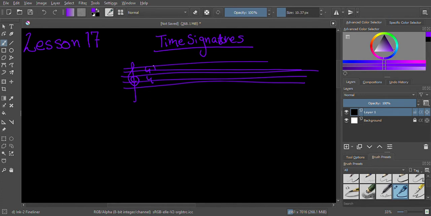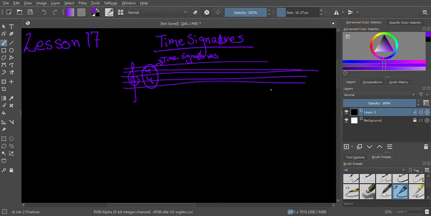These are time signatures. These two small numbers come after the clef, but they're always at the beginning of the staff.